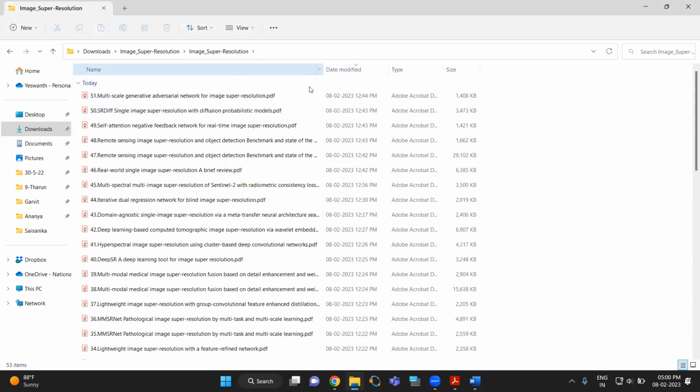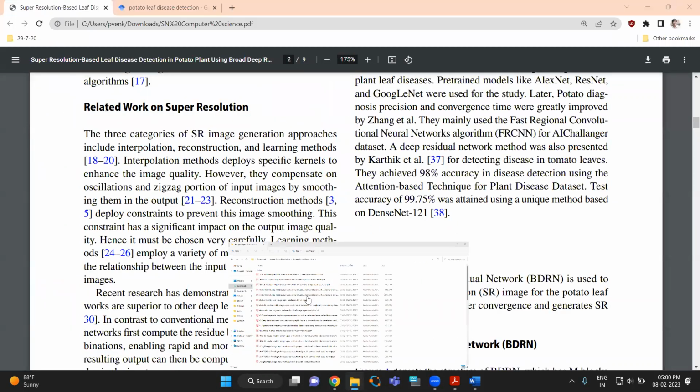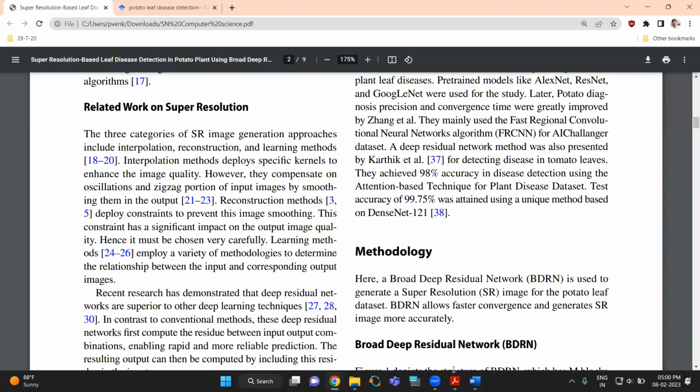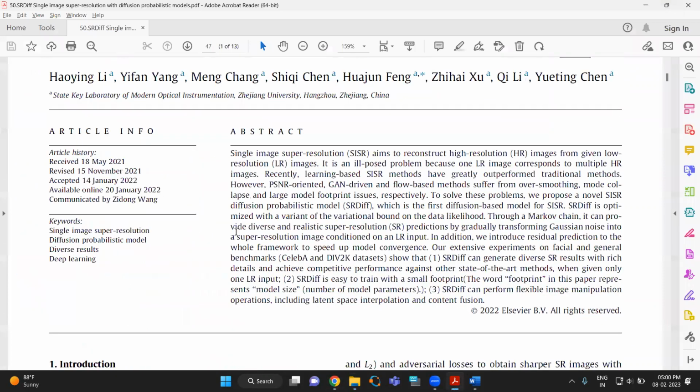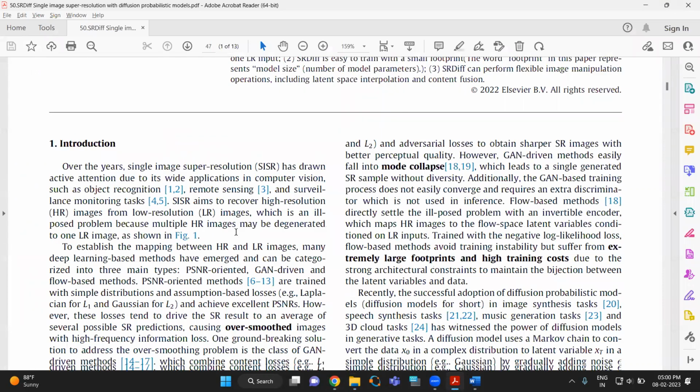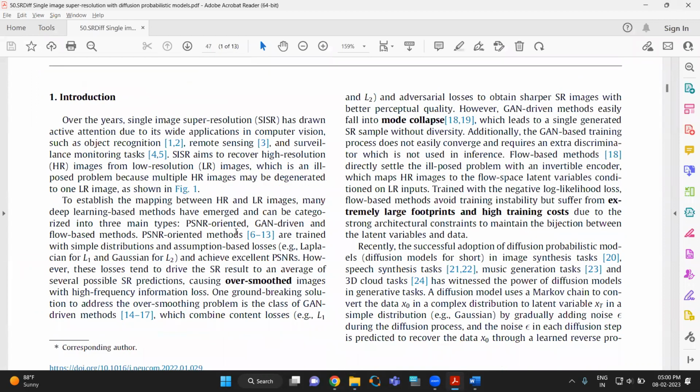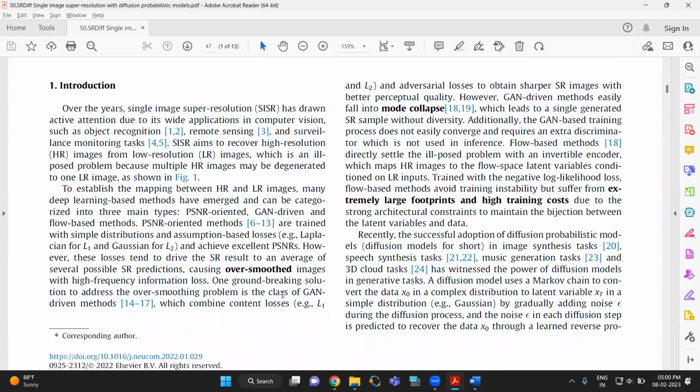If you read these papers, definitely you will get an idea how they go with the introduction and literature survey. If you don't have that much time to go through, then we can refer to one or two papers. Whatever they have written in the literature survey, based on that, you can continue.